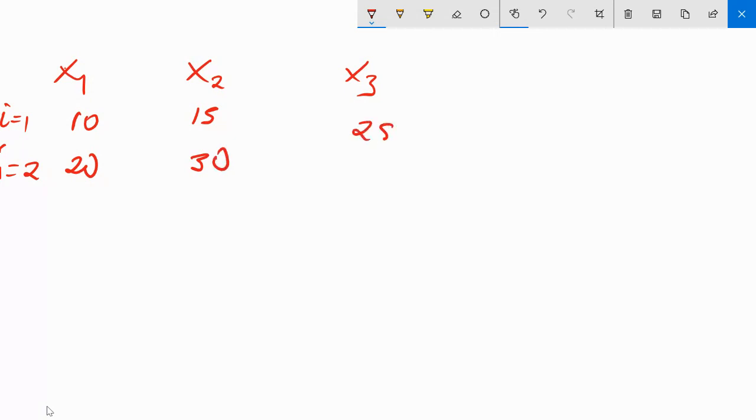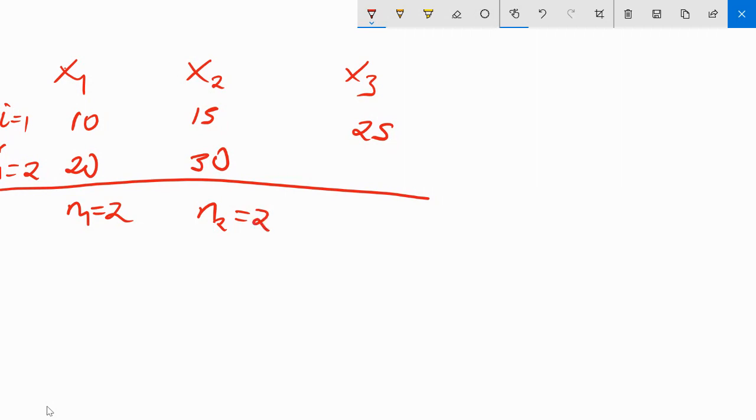And here we have 25. Now I will start with the n_i here. So n1, how many are we having? We're having 2. n2, how many observations are we having? We're having 2. And n3, we have 1.